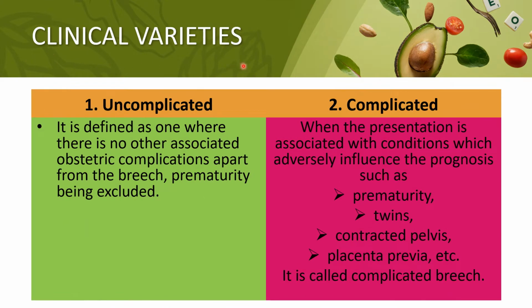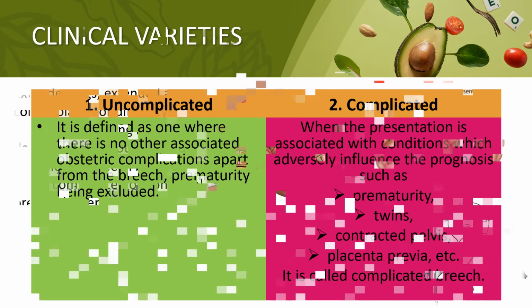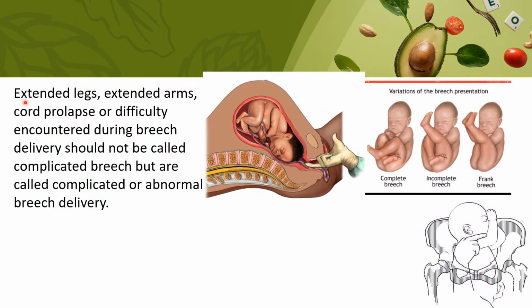Based on the clinical varieties, breech presentation is divided into two parts. The next one is extended leg, extended arm, cord prolapse. Along with this, if they face any difficulty during vaginal delivery of the breech presentation, these conditions are not called complicated breech, but are called complicated or abnormal breech delivery.